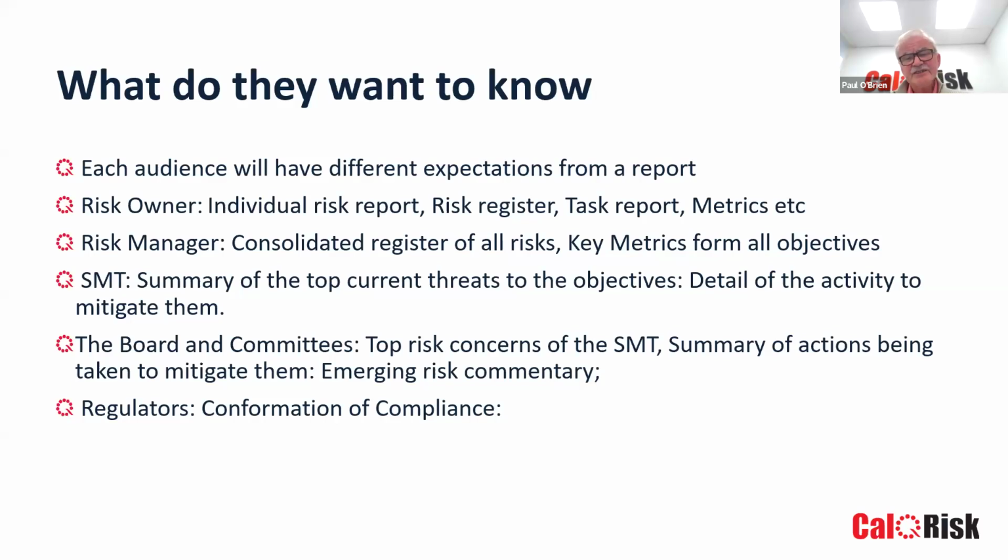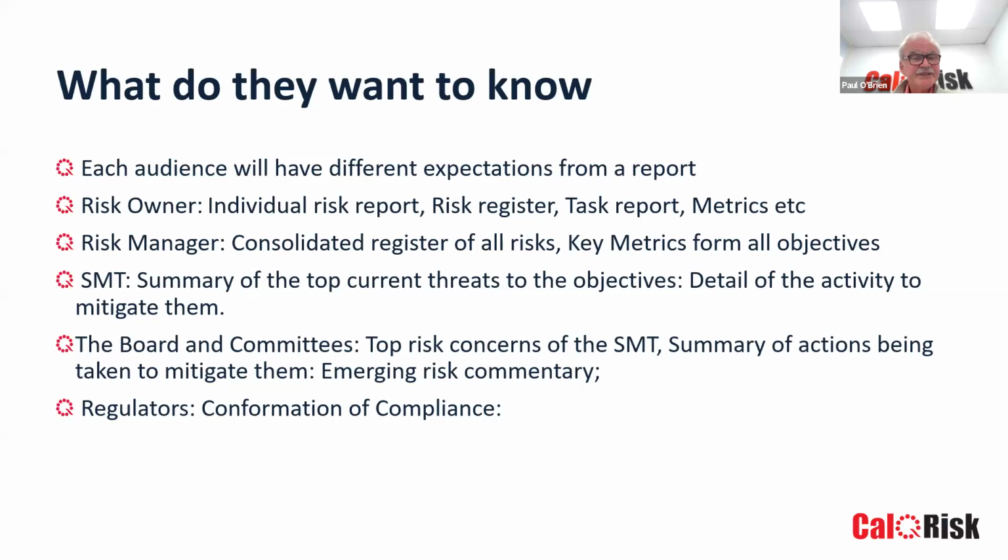Manager level: a consolidated register of all the risks and key metrics. Some of this could be departmental, some could be function, some could be the whole organization, depending on the nature of the organization.